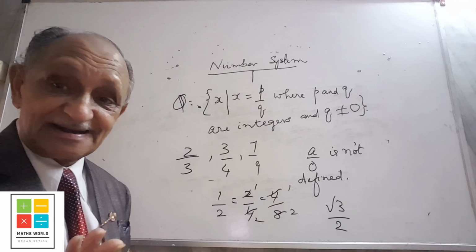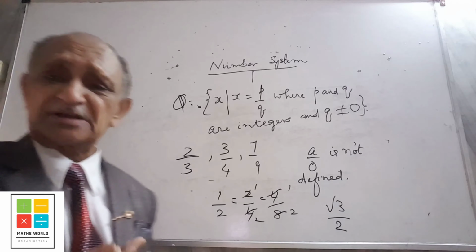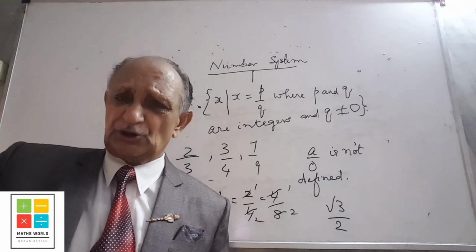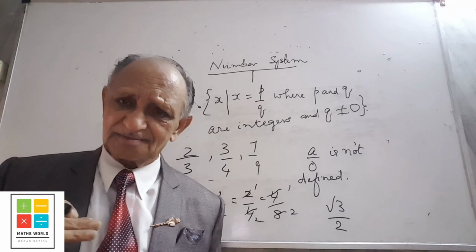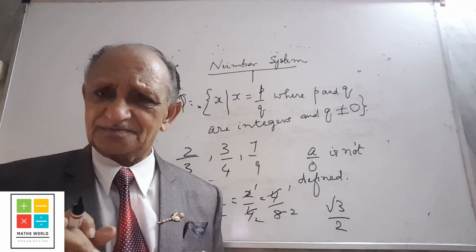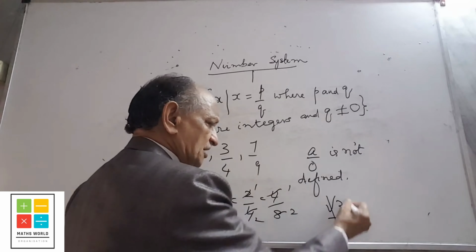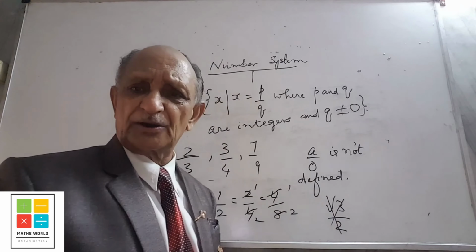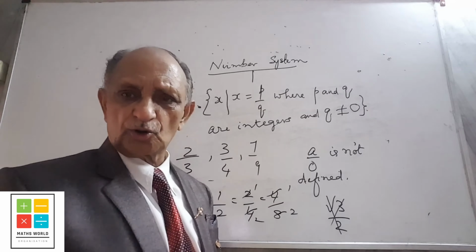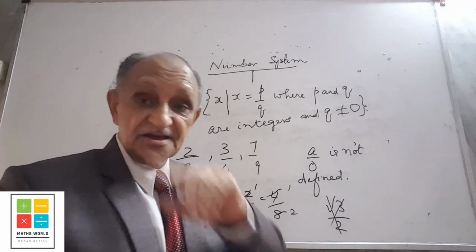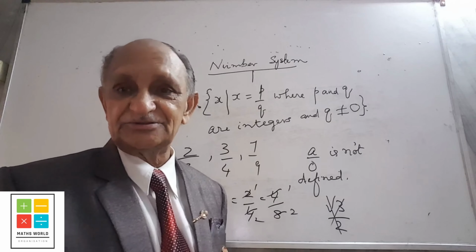Root 3 is not an integer. Root 3 is something like 1.732, which goes on like that. So it is not an integer. Therefore, this cannot be a rational number, though you can write it as root 3 by 2. 2 is not equal to 0, but the numerator is not an integer.